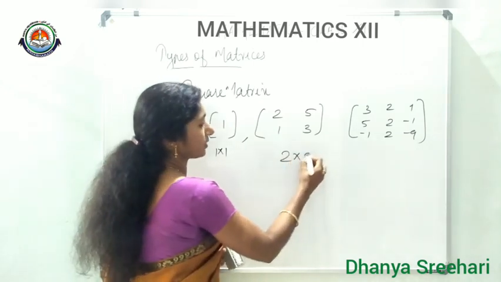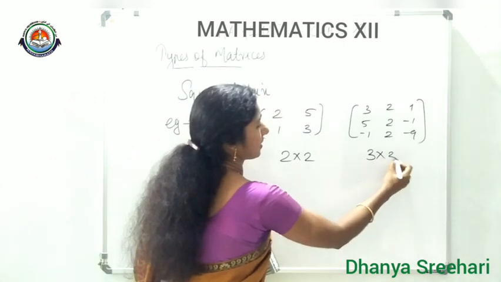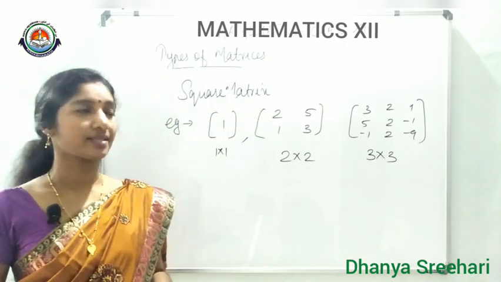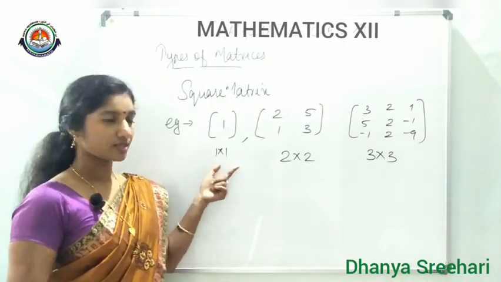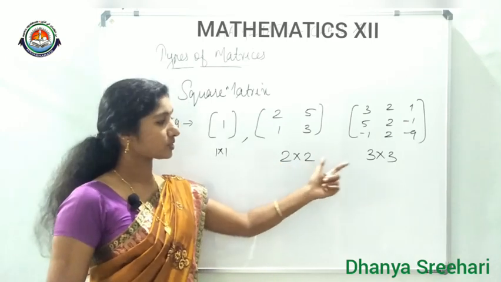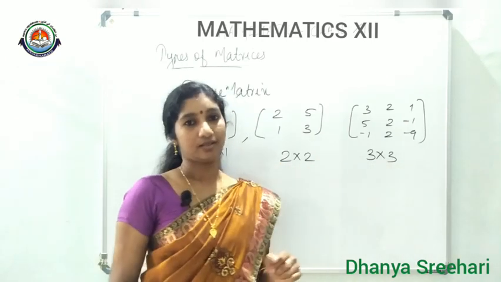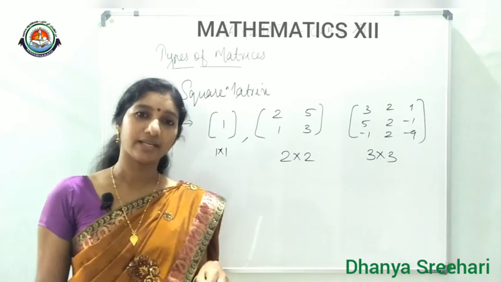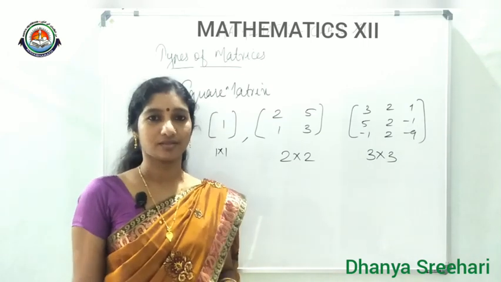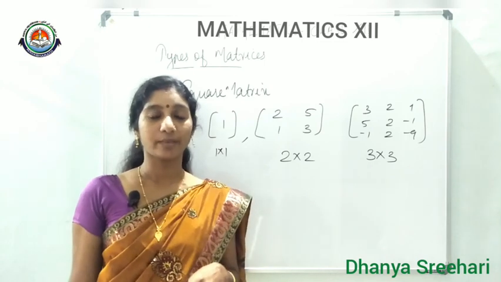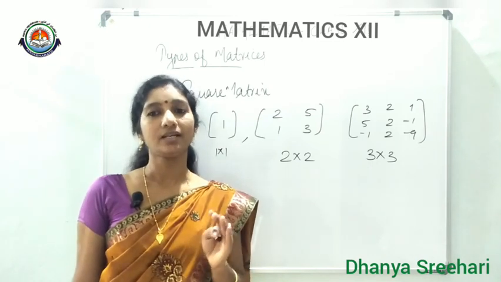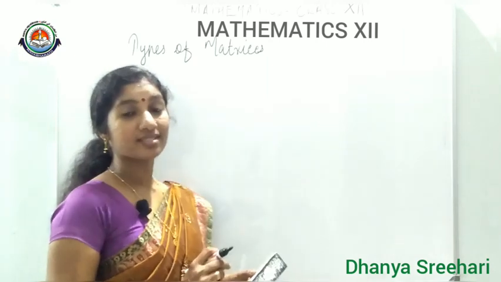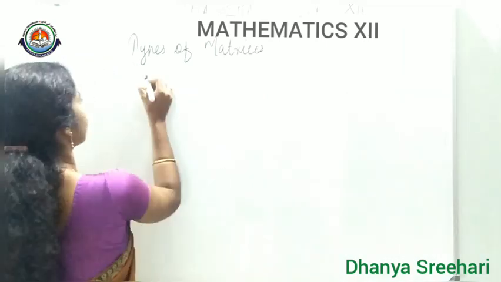This is 2 by 2. This is 3 by 3. For a square matrix, we can simply say square matrix of order 1, order 2, order 3. A square matrix of order 3 means 3 rows and 3 columns. Since it is a square matrix, the number of rows and columns are equal. Next one is diagonal matrix.